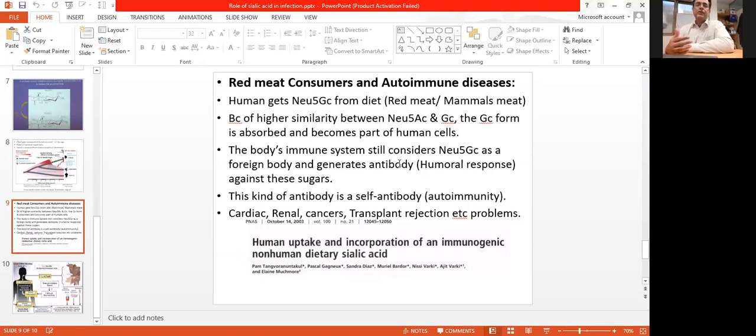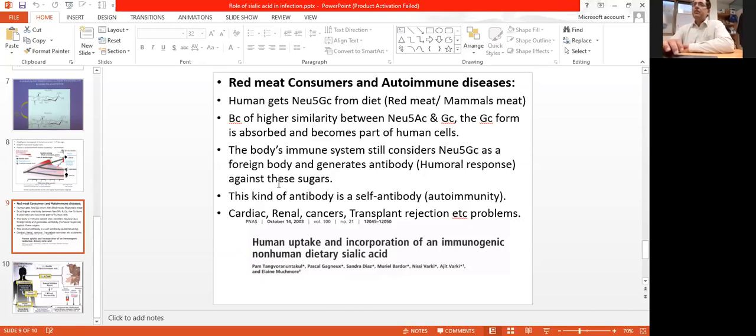It was just mistakenly absorbed and utilized to become part of the human cells, making their outer boundary, but it's not an actual part of the human cell. And that's why it would be considered a foreign body by your immune system.